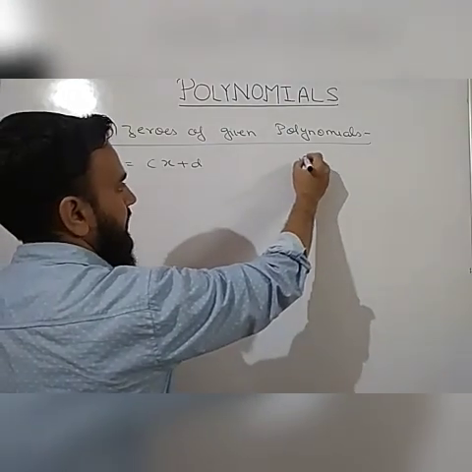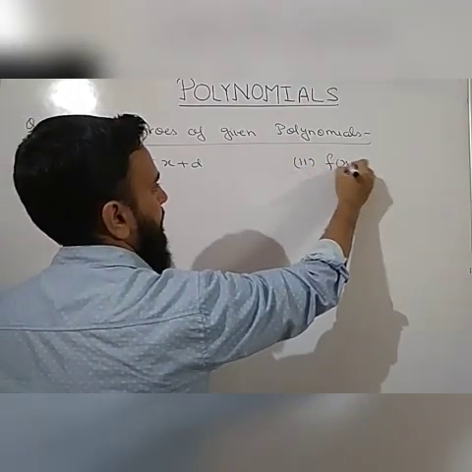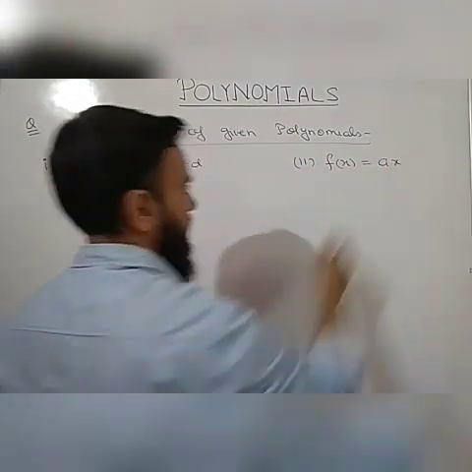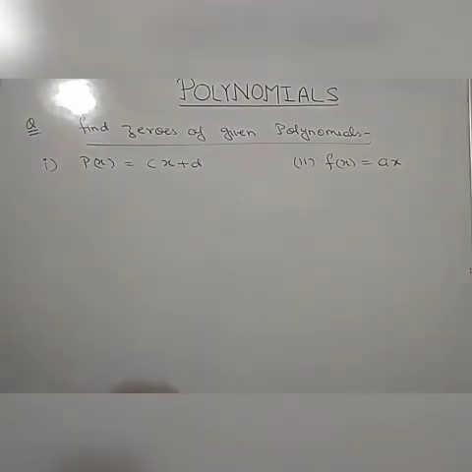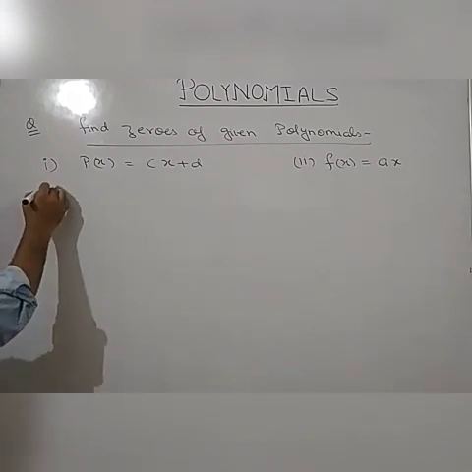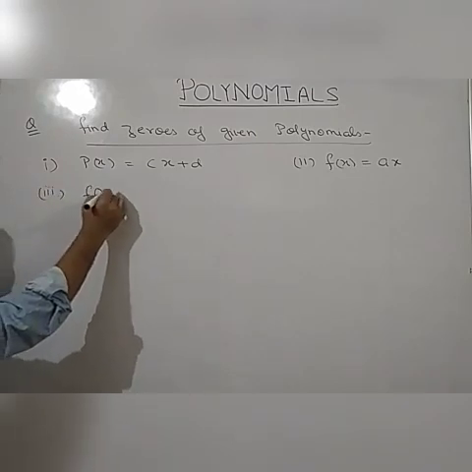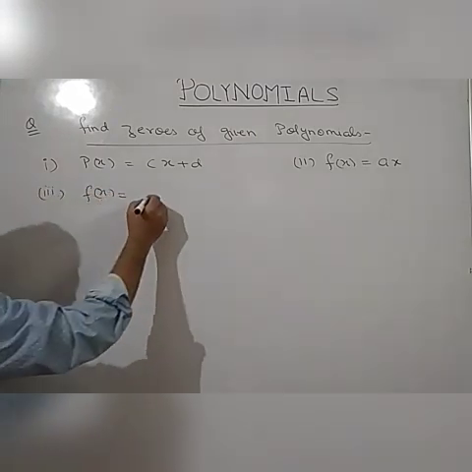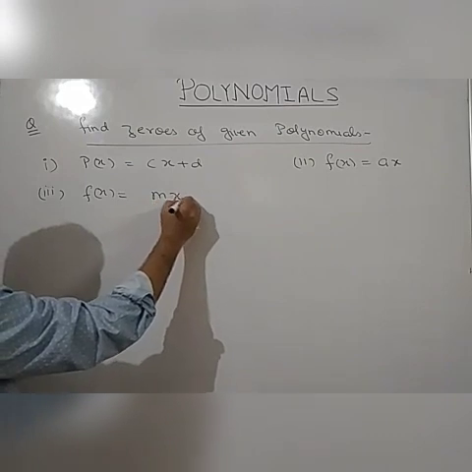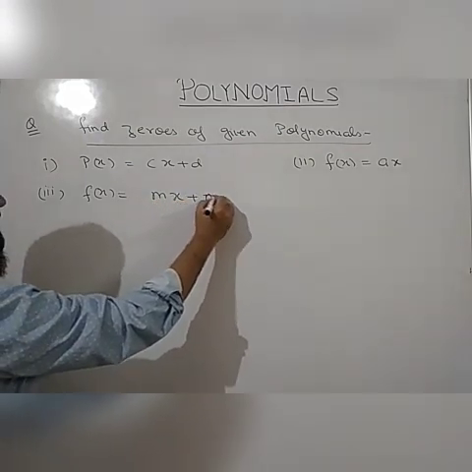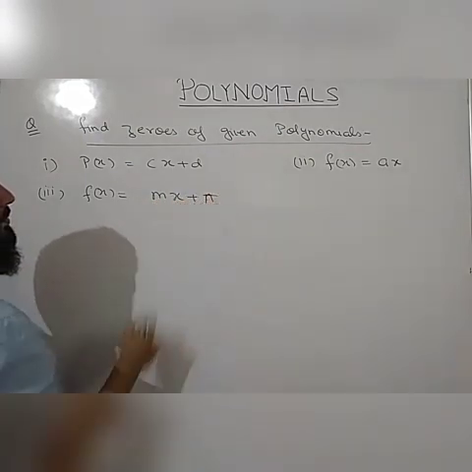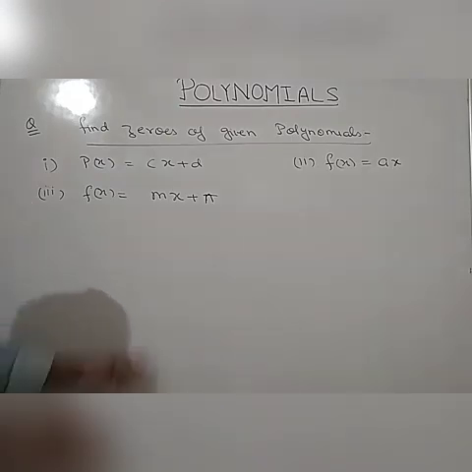The second polynomial you are given is f(x) is equal to ax. The third polynomial you are given is f(x) is equal to mx plus pi. So you have to find the zeros of these three polynomials.